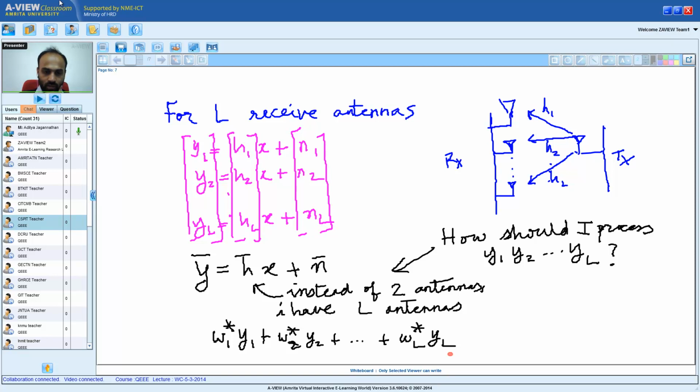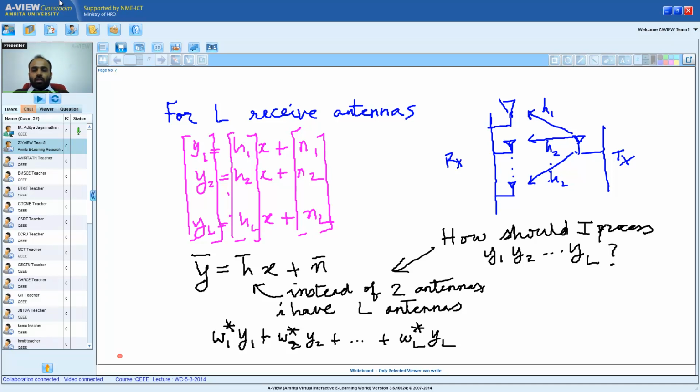Can someone now tell me what is the set of weights that will maximize the SNR at the output? What is the combination of weights that will maximize the SNR at the output? So we perform a weighted combination of the outputs.